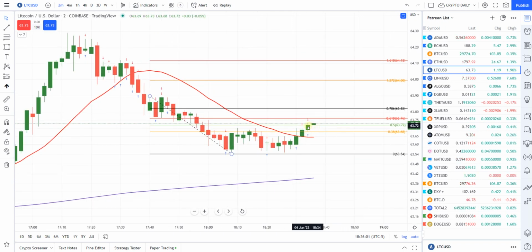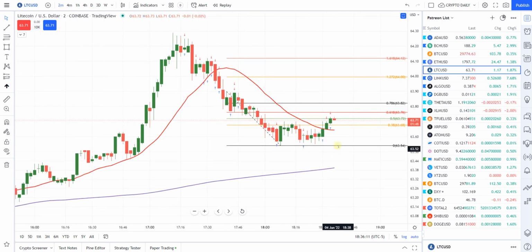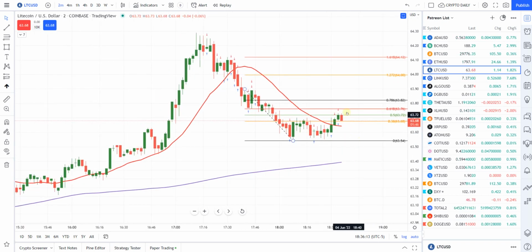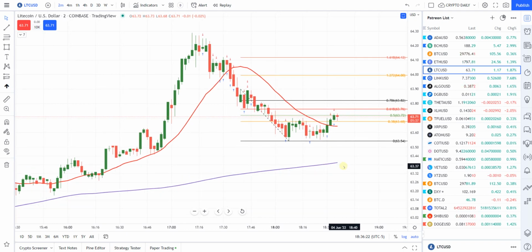So we close right under that 0.5 fib, 50% zone from this swing low. See that 0.5, that green line, that's our 50% zone. So let's see if we can get back up over it.